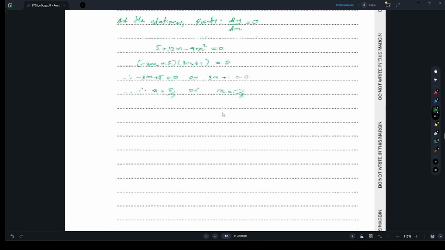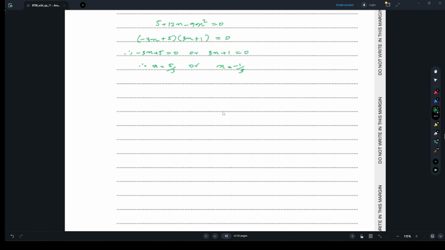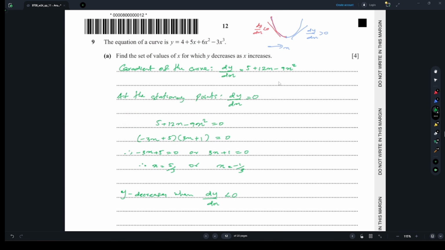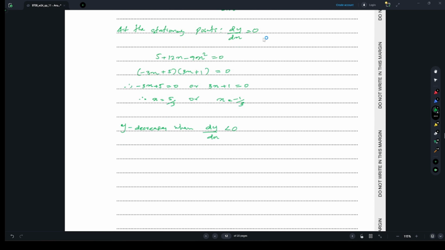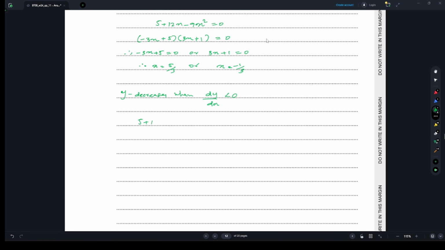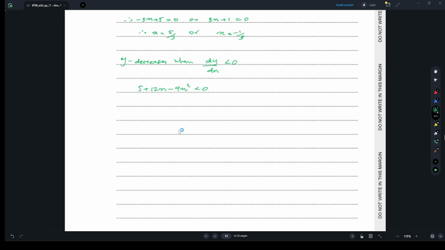Right. So we can say that y decreases when dy over dx is less than 0. So we found dy over dx, which is this one, 5 plus 12x minus 9x squared, right? Less than 0. Okay.